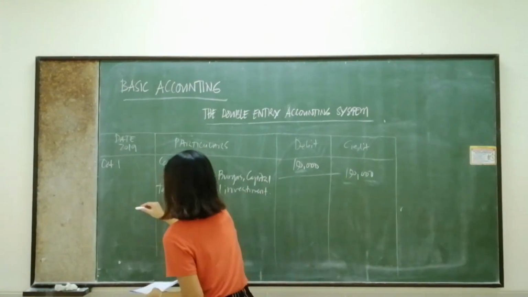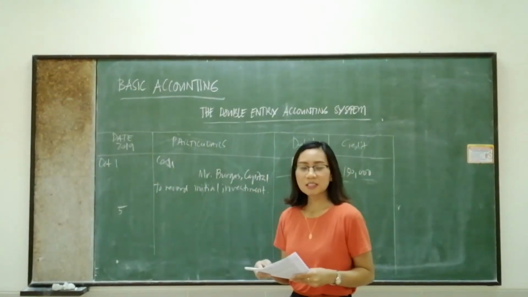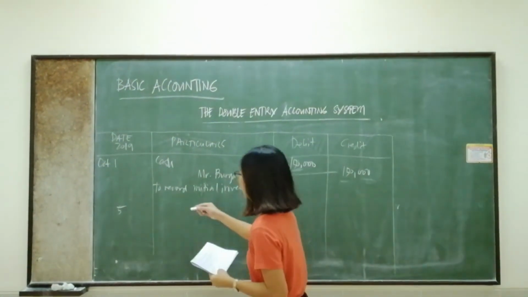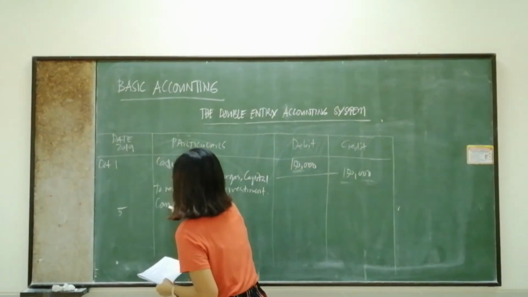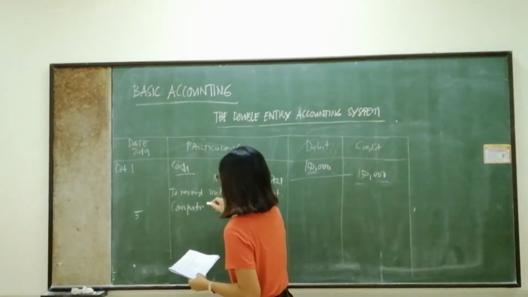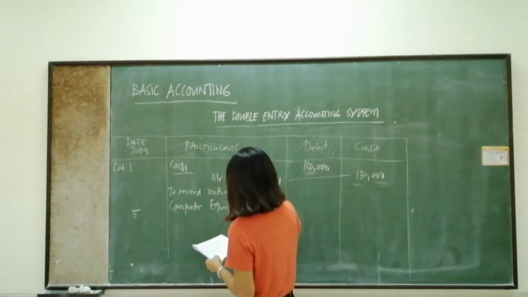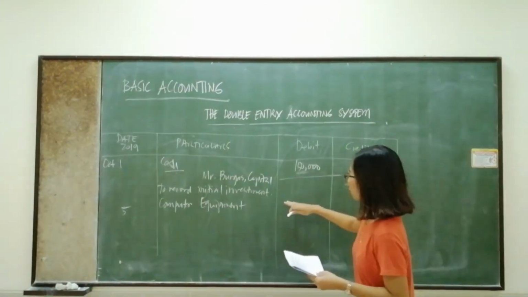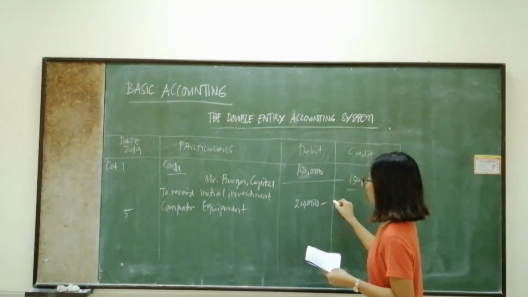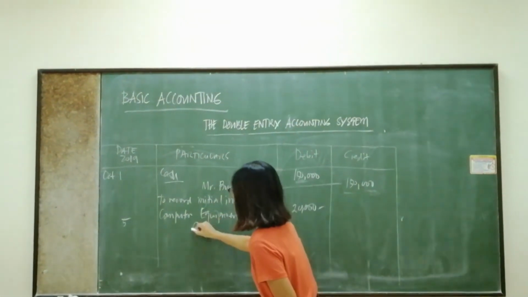On October 5, Mr. Burgas purchased a computer for the office. Cash is an asset and computer is an asset. So debit computer equipment. To increase, you have to debit 20,000 pesos. And credit cash.